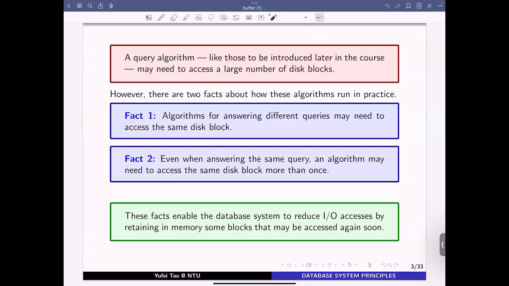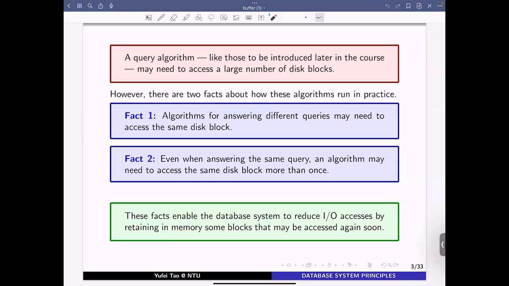So our algorithms might be interested in the same set of blocks, and therefore it's easy to imagine that different queries would probably have to read the same block again and again. You read it, I read it, and maybe another query will read it. This creates some overlap in the block accesses.